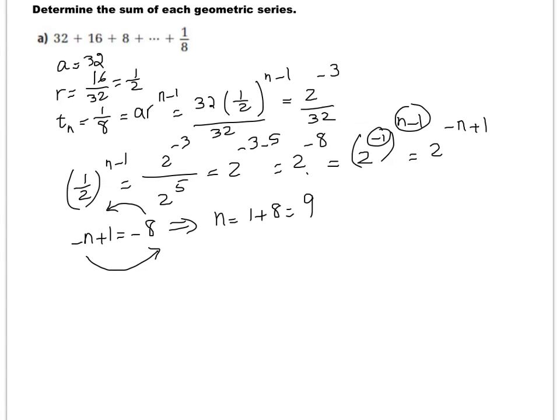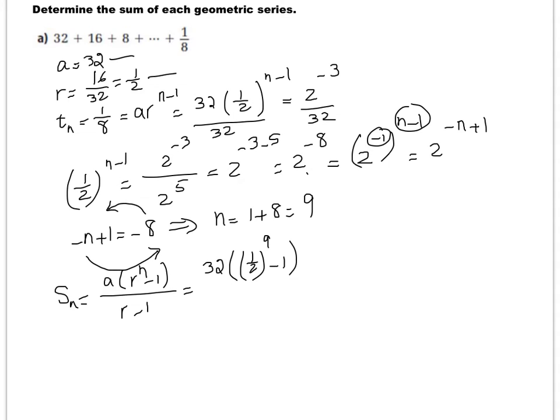We know what the first term is and we know what r is, so I can use S_n, which is equal to a times (r^n minus 1) divided by (r minus 1), which is 32 times ((1/2)^9 minus 1) divided by (1/2 minus 1).